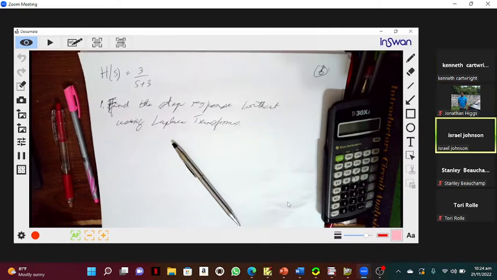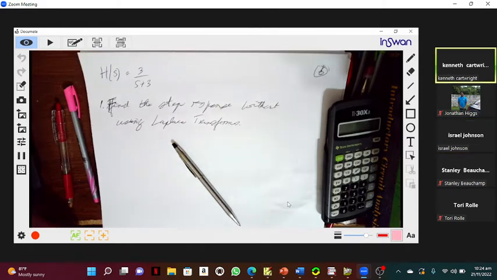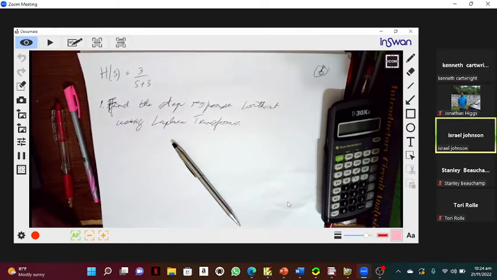Well, looking at that, I know that's 1 over s plus alpha. Yeah, that's the formula for F of s. That's t minus 4. I have no idea what you just said. All right, you see the 3 over s plus 3?